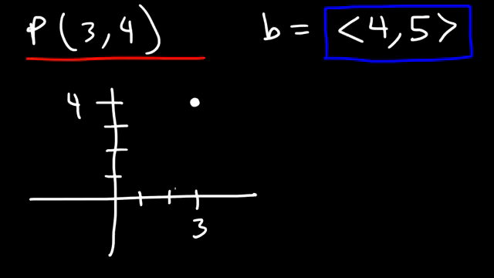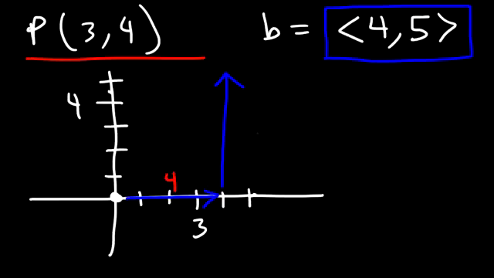Now a vector, on the other hand, is different. Let's graph vector B on this graph. We're going to start from the origin, and then we're going to travel 4 units to the right because that's the x component, and then we're going to go up 5 units. So let me use a different color.